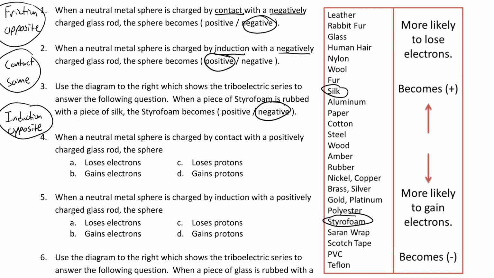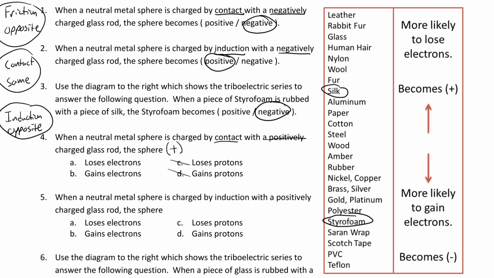When a neutral metal sphere is charged by contact, so we're talking about contact, with a positively charged glass rod, the sphere becomes positive. So first of all, let's say it's the same. It's positive by contact, so we're looking for something that tells you it's positive. Now, before we said that we don't transfer protons, and I explained that a little bit in 10.1.